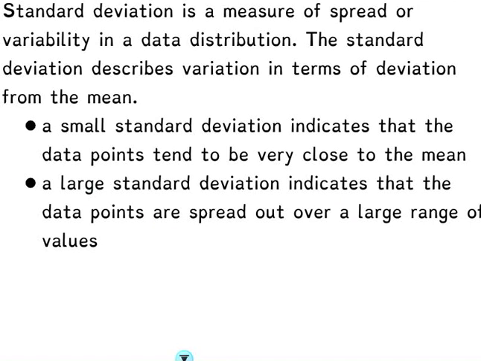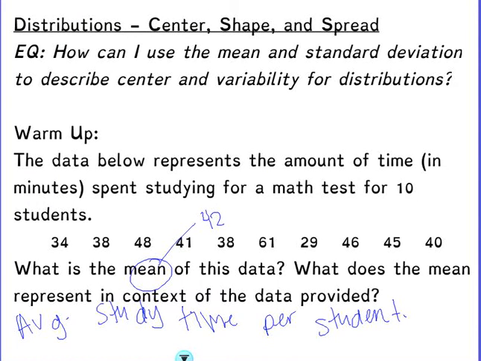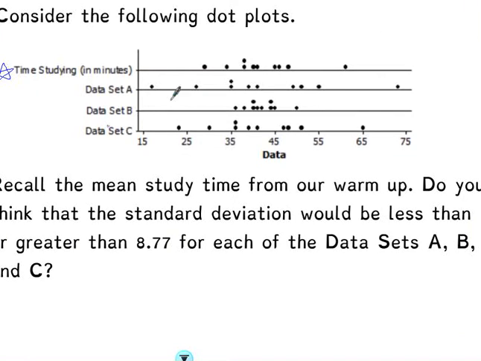So when we looked at this dot plot, this study time was the time that was provided in the very first slide. It's just a visual representation of all of the data, and we had determined that the mean was 42, and this is not a straight line, but it's approximately in this area.